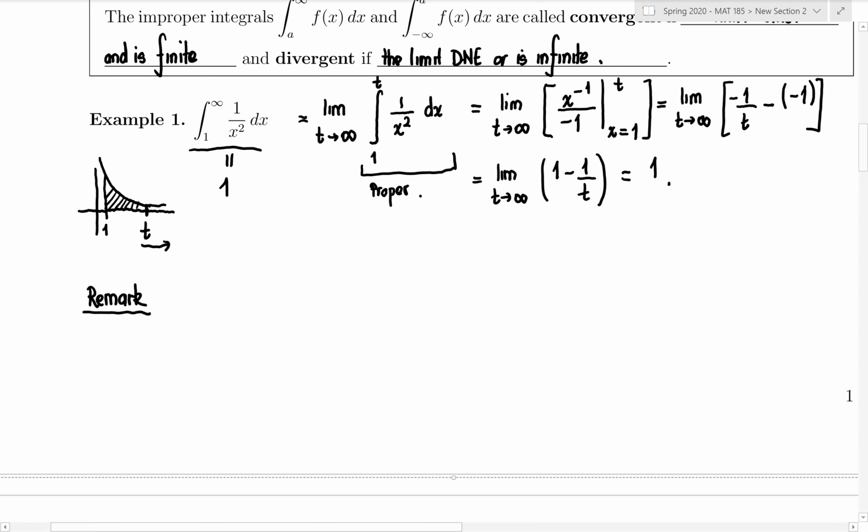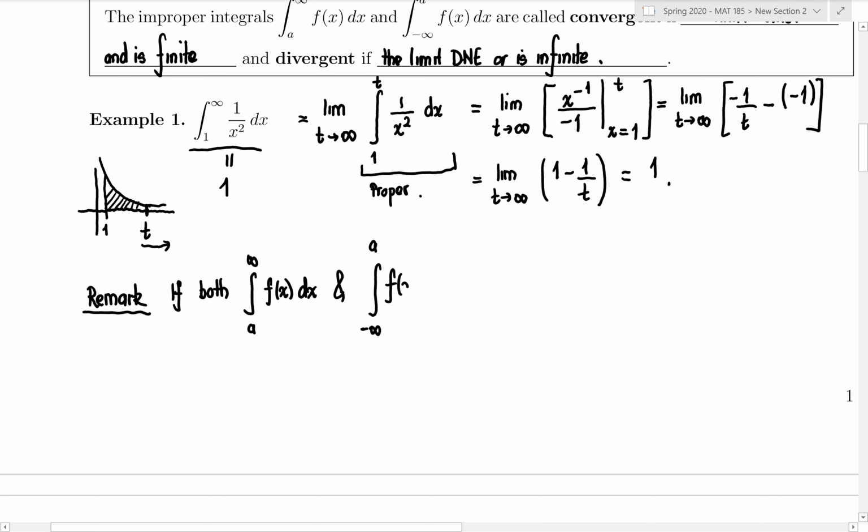Here's a remark. Now, if both the integral from some number a to infinity of f of x dx and the integral from negative infinity to a of f of x dx are convergent, for some a, doesn't matter what a it is.